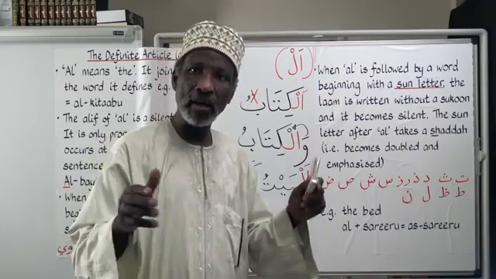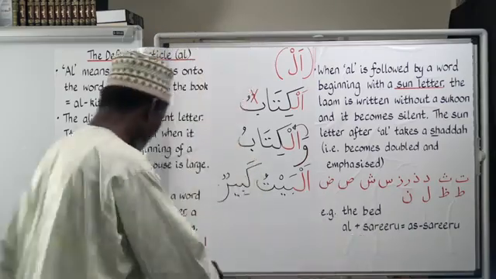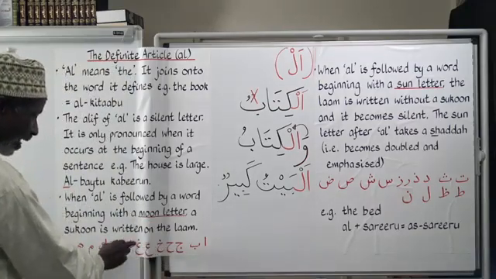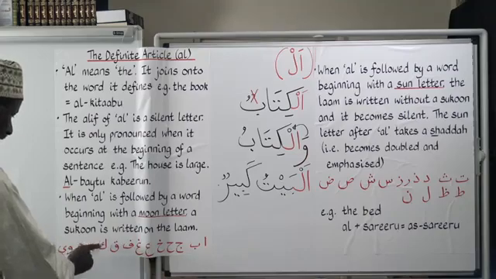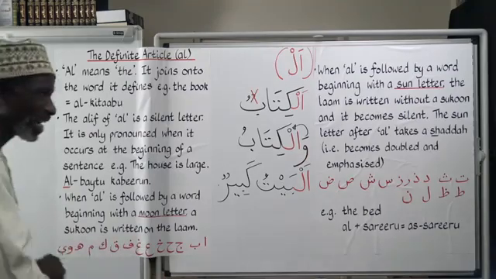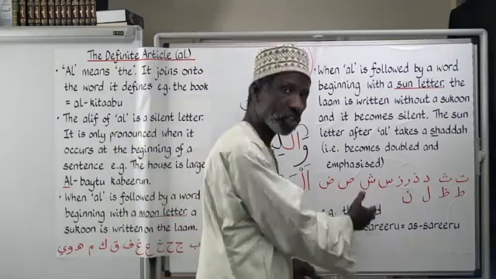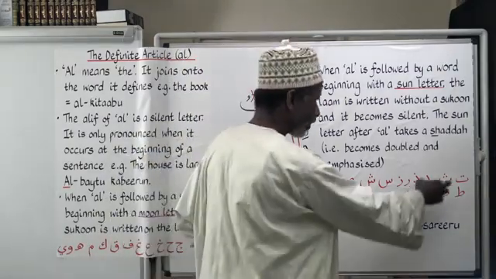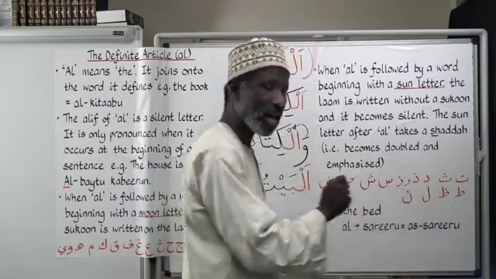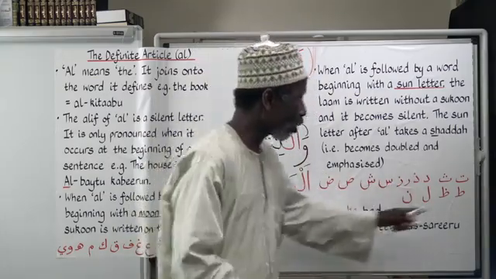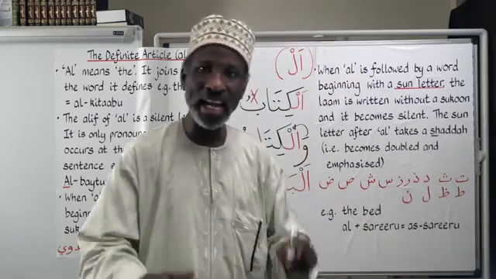One is called the moon letters: alif, ba, jim, ha, kha, ain, ghain, fa, qaf, kaf, mim, ha, waw, and ya. And the other half, 14 letters, is called the sun letters: ta, tha, dal, dhal, ra, za, sin, shin, sad, dad, ta, za, lam, and nun.